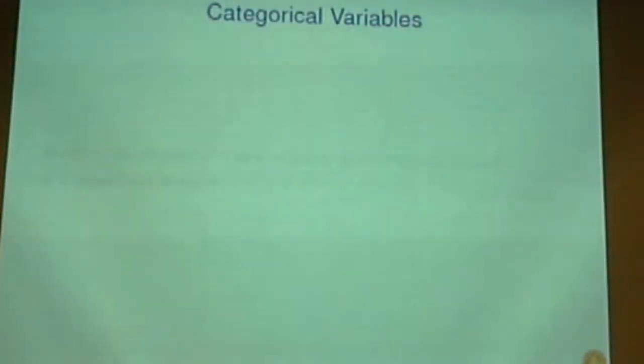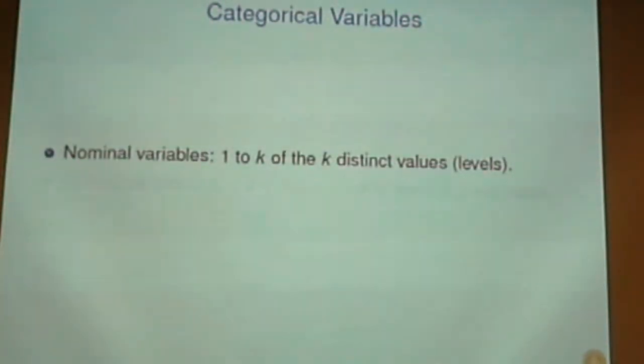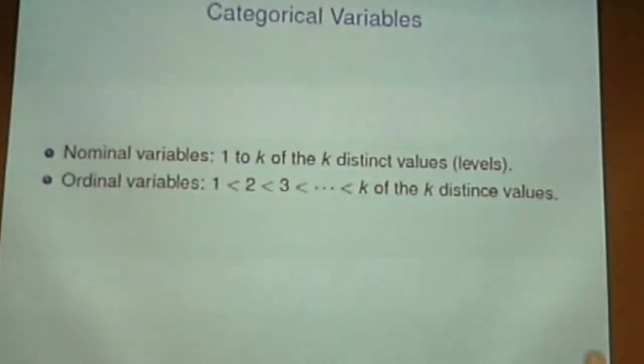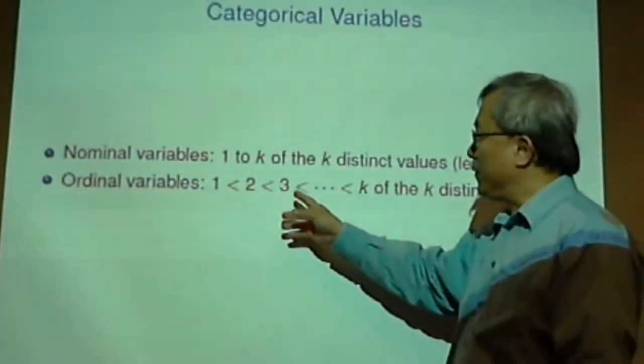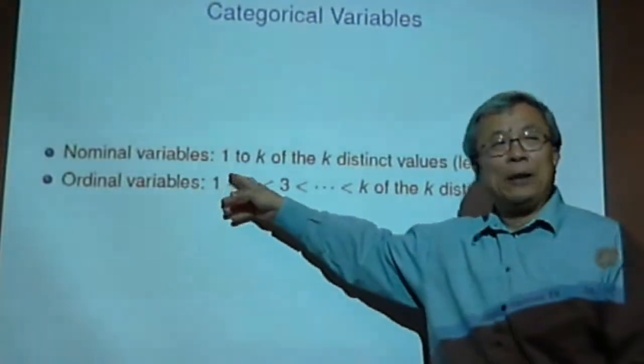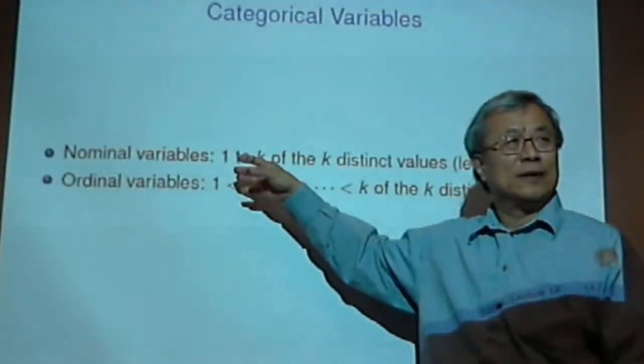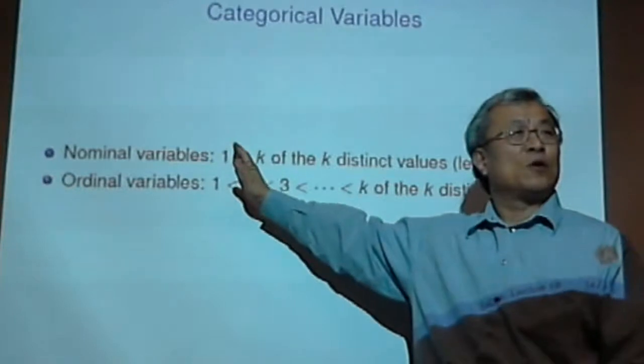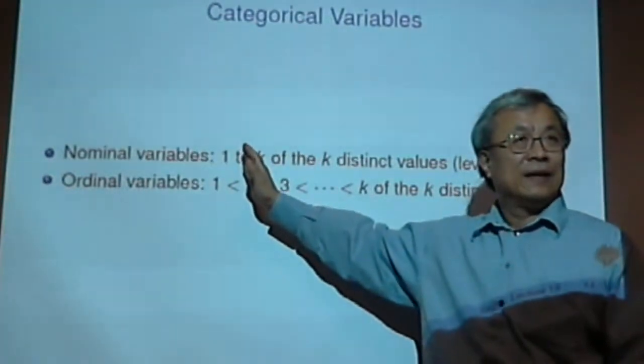A categorical variable is simply coded as 1 to k, for k distinct values. Regular nominal variables will be just coded like that. Ordinal variables still use the first k integers to code that. But remember, for ordinal variables, 1, 2, 3 are not real numbers in the sense of numeric values. These are coded levels.